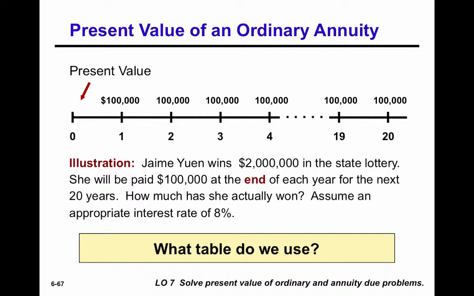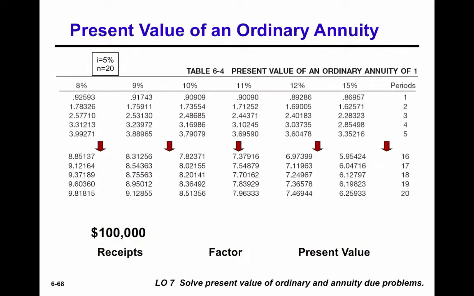So that's how the total of $2 million comes up. If we assume an interest rate of 8%, the question is, how much has she actually won? What is the present value of the right to receive $100,000 at the end of each year for the next 20 years?